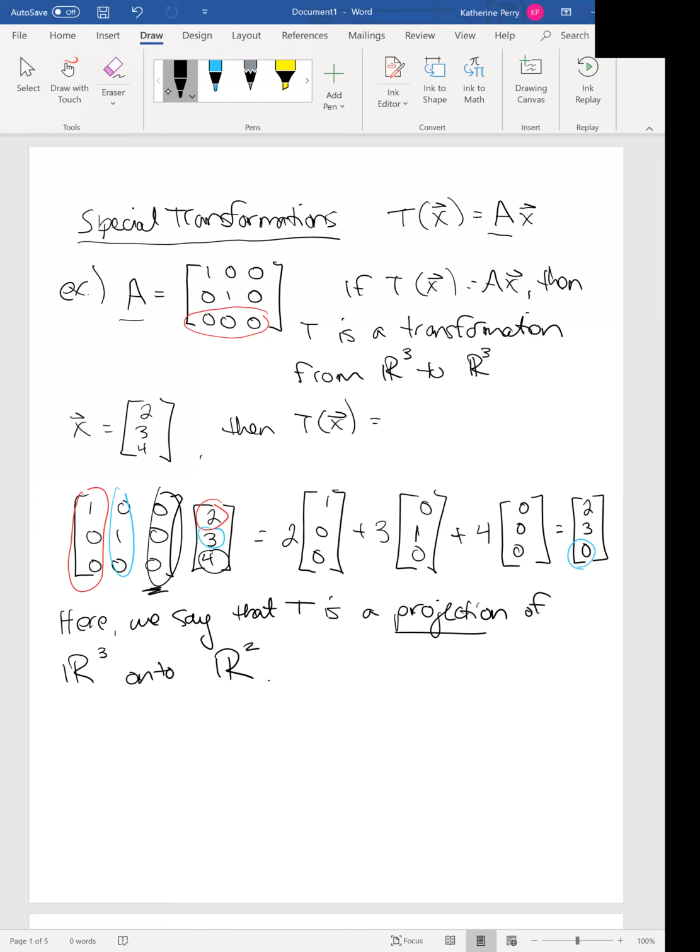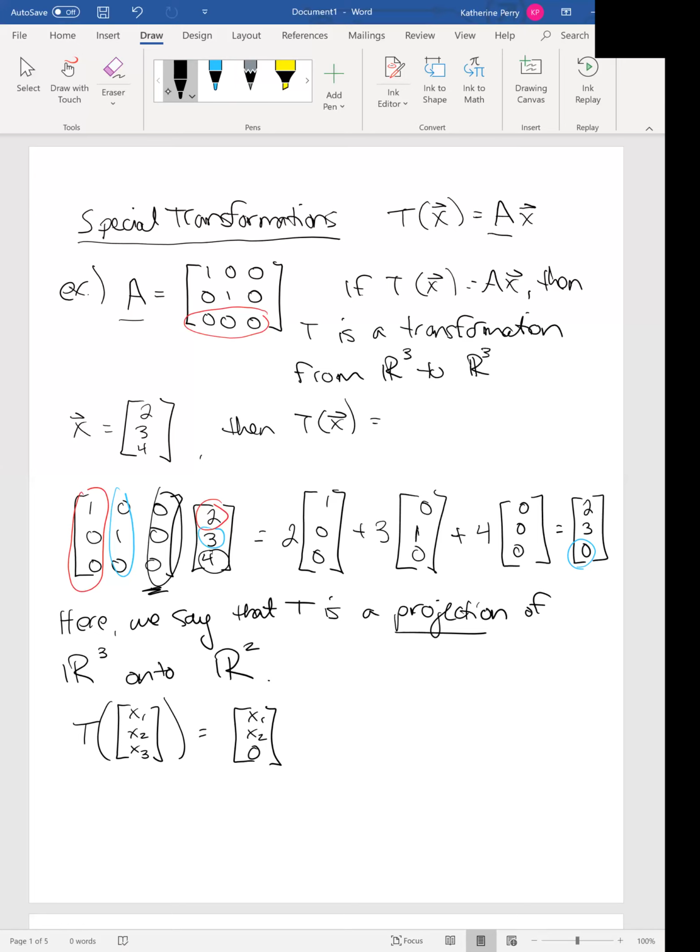And so in fact, if I were to take any vector x in 3 dimensions, so let's say it's a vector x1, x2, x3, it's always just going to be equal to its first entry, its second entry, and then a 0.